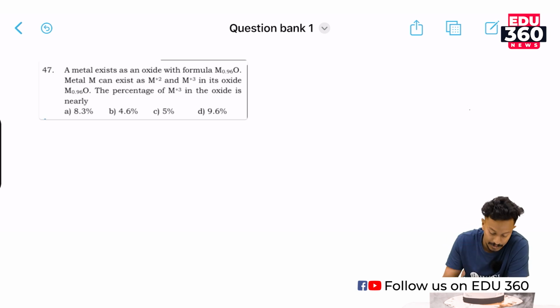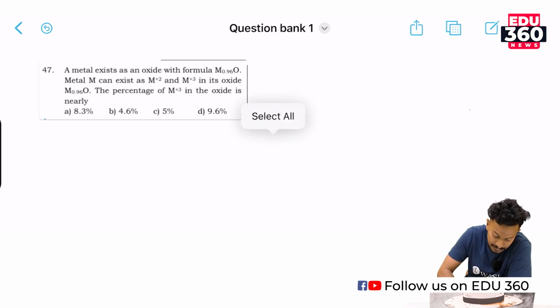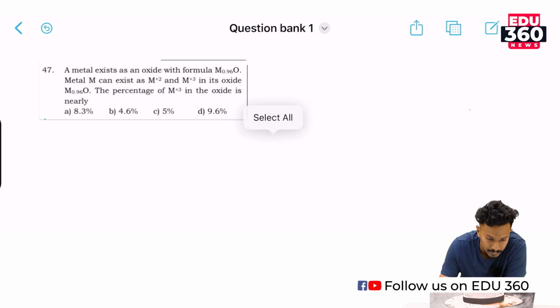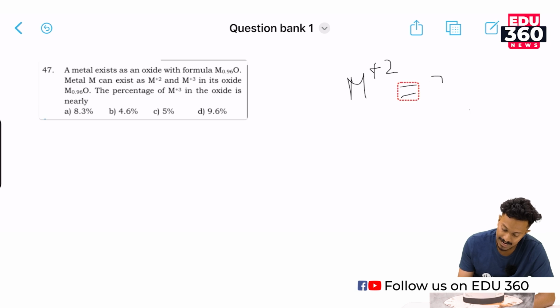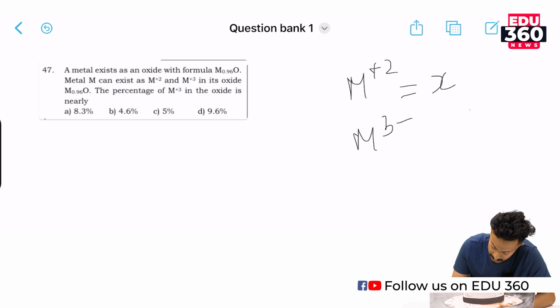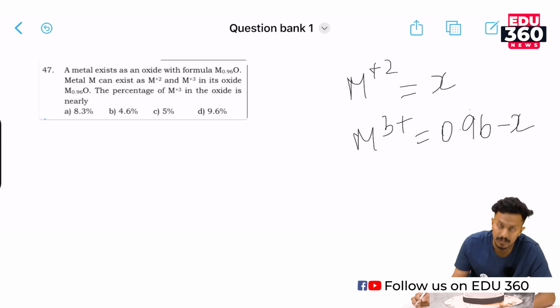Let us name the number of ions of M plus 2 as x, and in M plus 3 as 0.96 minus x.